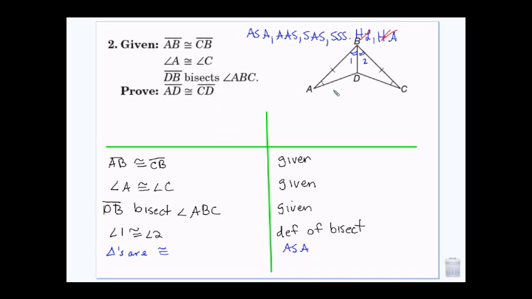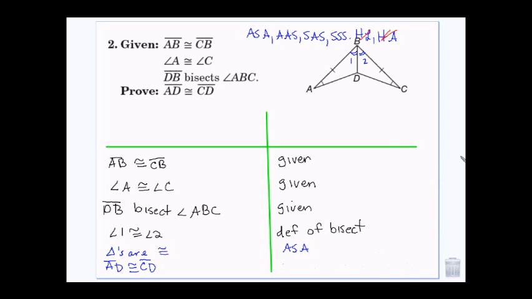It wants us to prove that this side and this side are the same. Well, if my triangles are congruent, then aren't all the sides congruent? Yes. So I can say AD is congruent to CD because congruent parts are congruent.